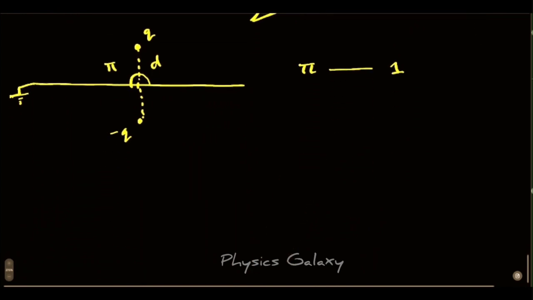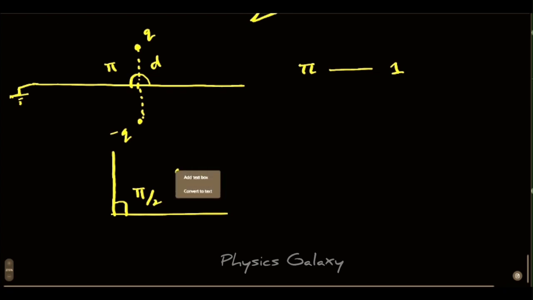Now let's take the configuration when the angle is equal to pi by 2. If I place my charge here, I have to satisfy the boundary conditions. This is grounded, this is grounded. Actually, this kind of problem comes in TIFR, so the potential is equal to 0 also.